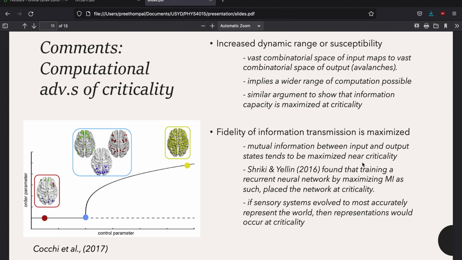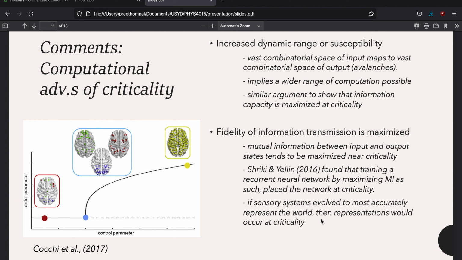So let's say sensory systems have these recurrent networks which are constantly activating and they represent what's happening out in the world. Then if those representations wanted to be very accurate to what's happening out there in the world, then the network should exist at criticality. So the representations can occur at criticality.